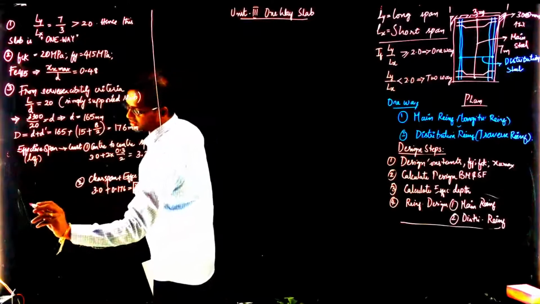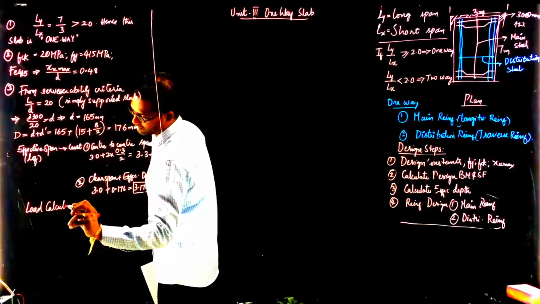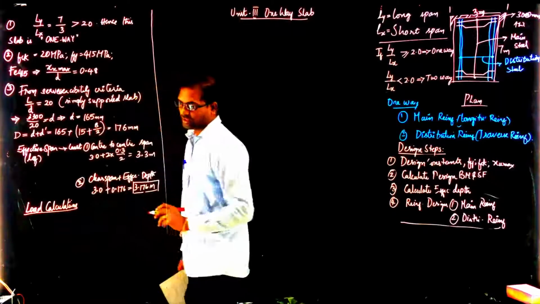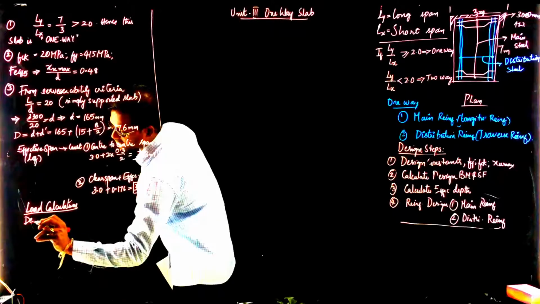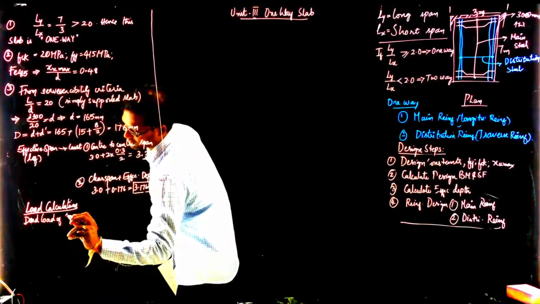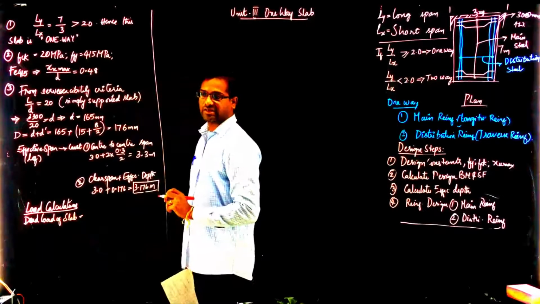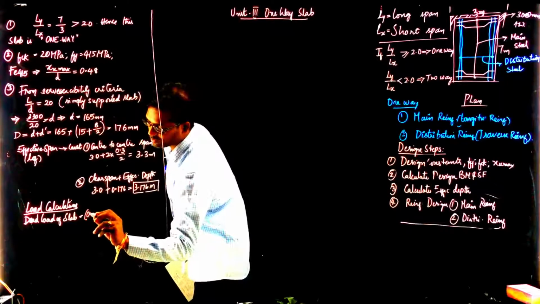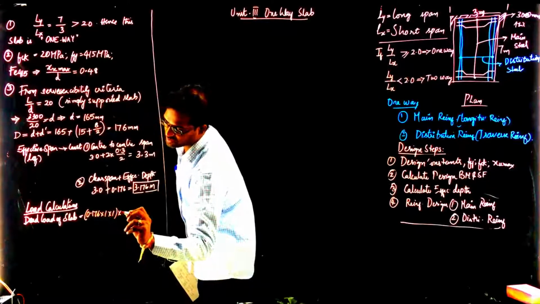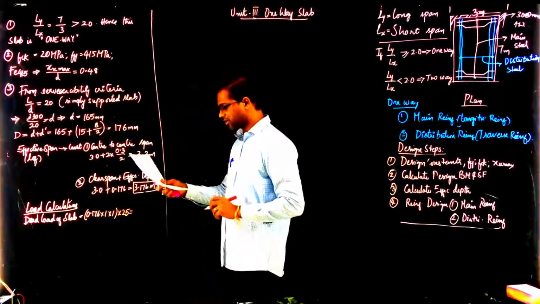Now we need to do the load calculations. First we will calculate the dead load of the slab. The overall thickness is 176 mm, so 0.176, taking 1 meter breadth, multiplied by the density of concrete, that is 25 kilonewton per cubic meter.